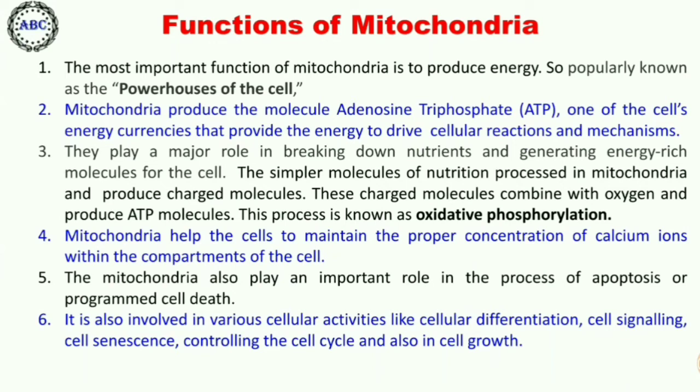Mitochondria help the cells to maintain the proper concentration of calcium ions within the compartments of a cell. The mitochondria also play an important role in the process of apoptosis or programmed cell death, where during apoptosis, cytochrome c is released from mitochondria and it breaks down the supply of energy for that apoptotic cell, and due to that programmed cell death occurs.